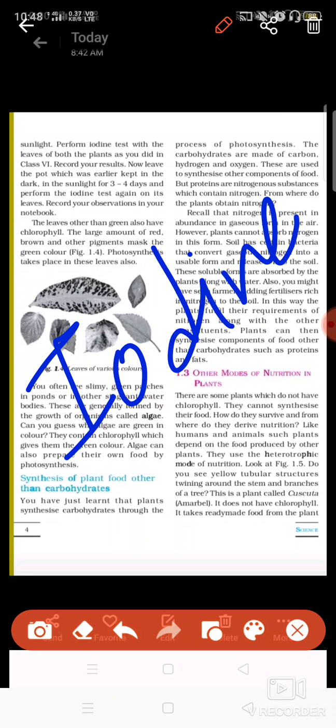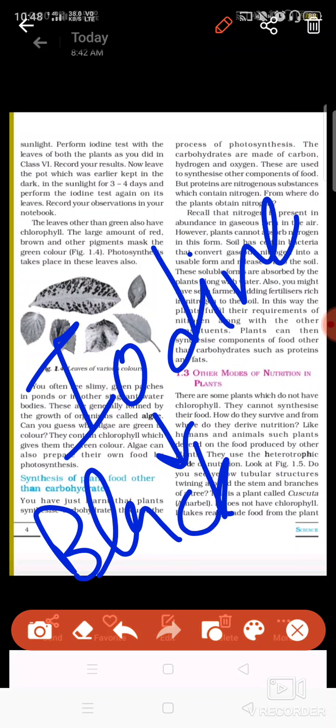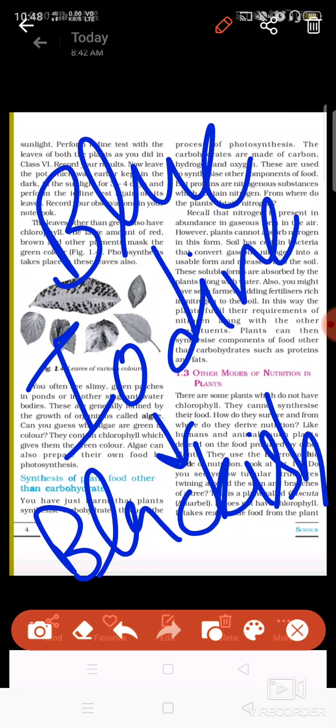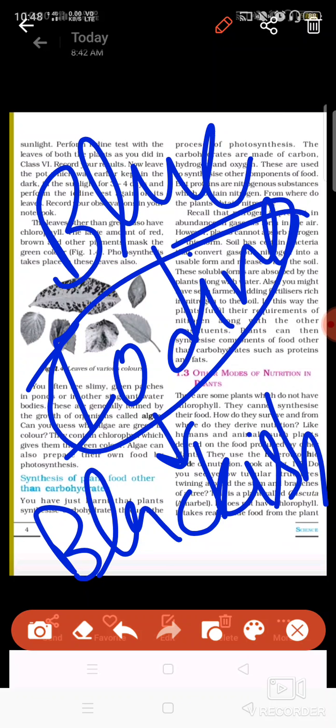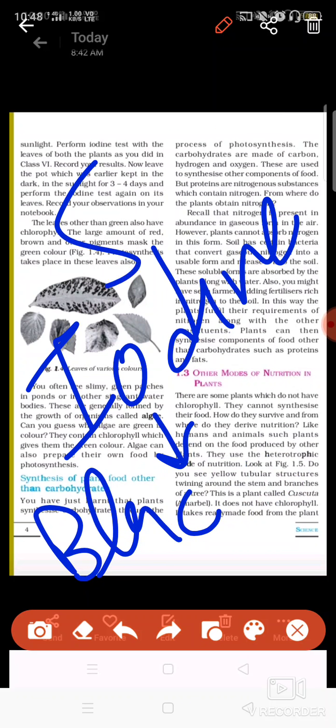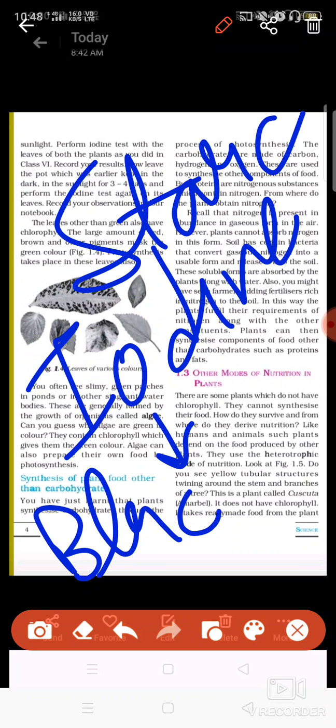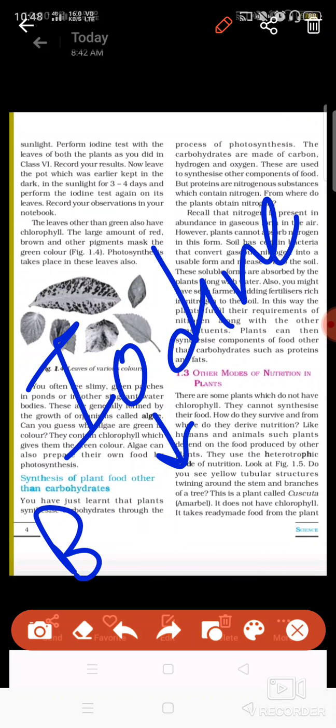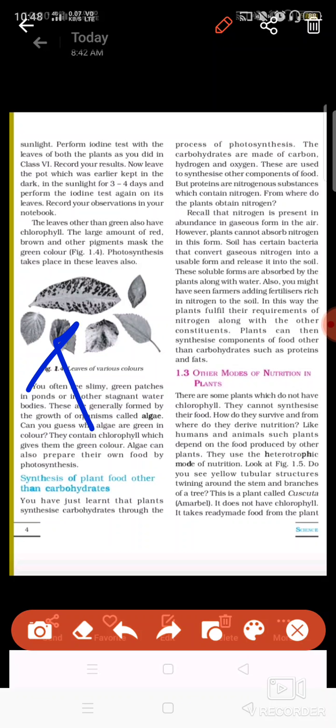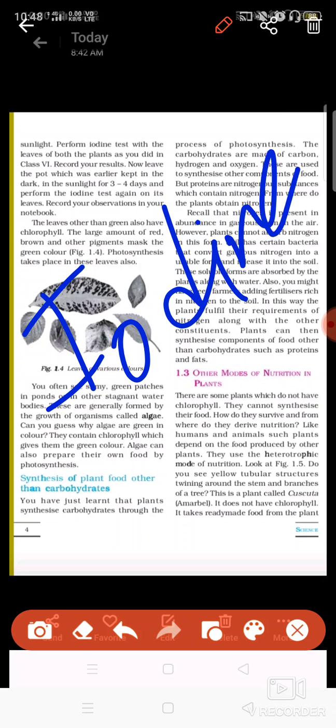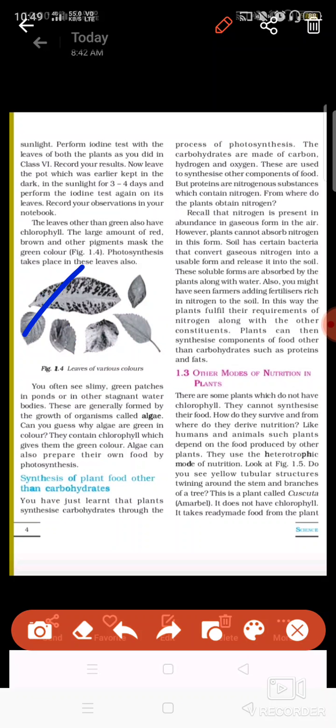Iodine is a substance which gives a blackish blue color. When iodine solution is added to a substance where starch is present, it turns the color of that substance into blackish blue. So the iodine test is used to know the presence of starch, or to know whether photosynthesis has happened or not.